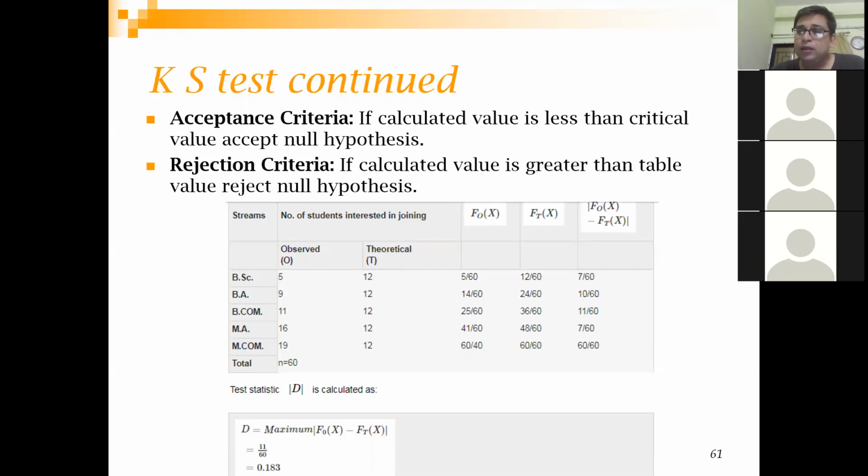So you can look at this and understand that 11 by 60 is a reasonably big value, so this is not something it will accept. But there is a theoretical table from which you can see this.